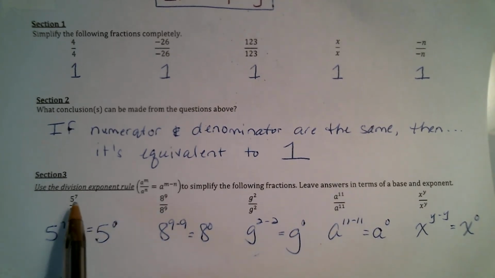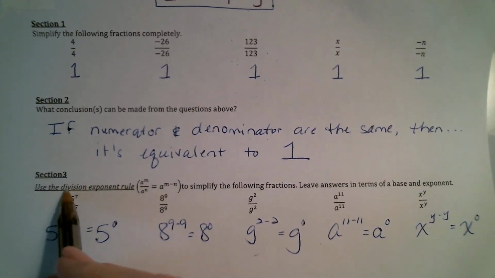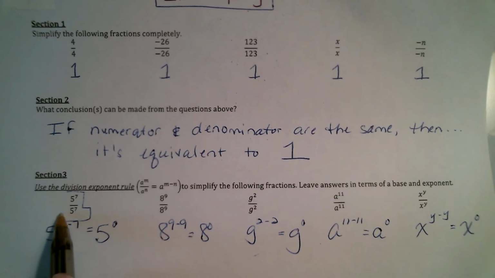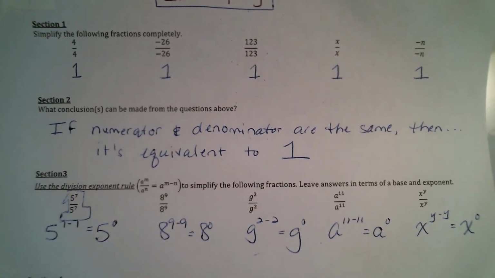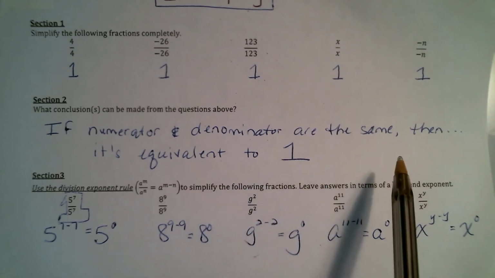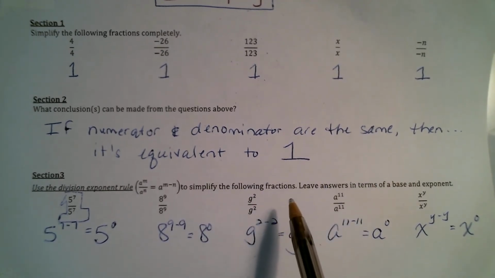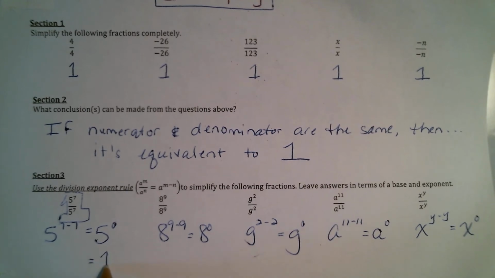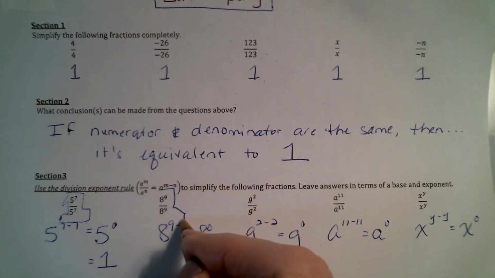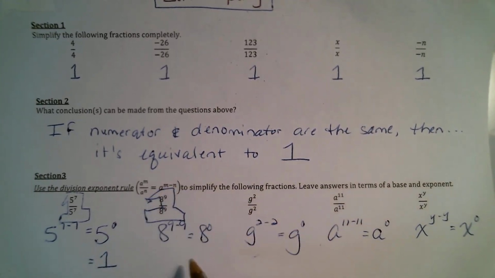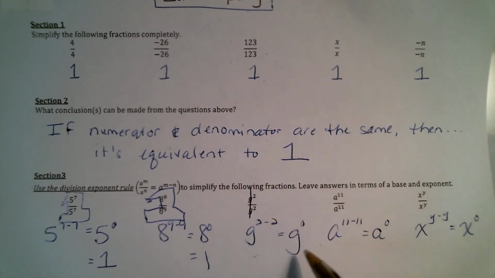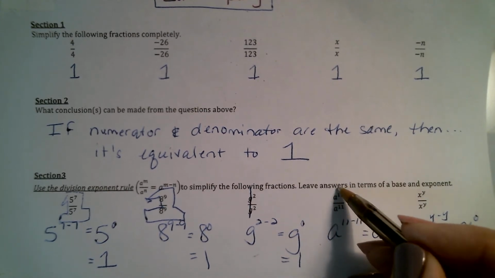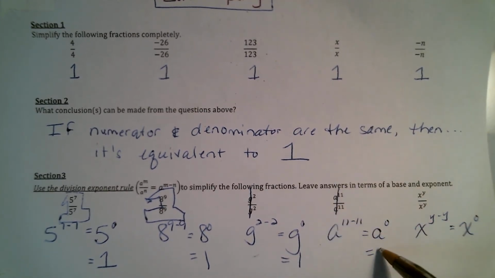Why did that happen? Because the exponents were the same. And in this case, when the numerator and the denominator are the same, we just said that they were equal to 1, right? So this is 1. This is equal to 1. Anytime numerator and denominator are the same, that's going to be 1.